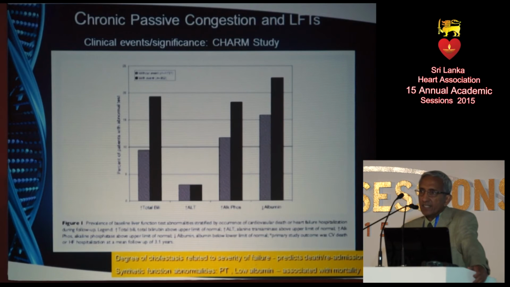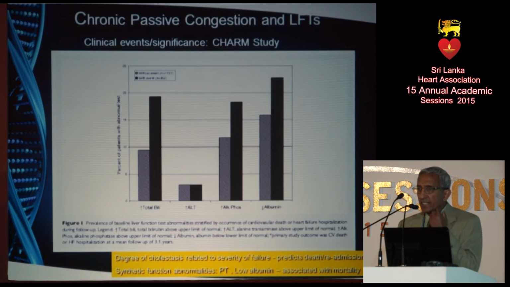So firstly, what they showed was that the ALT increase was much less compared to the acute hypoperfusion state. So it was much more likely that the bilirubin, the alkaline phosphatase, and the albumin were abnormal in this group. Furthermore, they also showed that there was a big difference in the people who had future events in terms of cardiovascular death or heart failure.